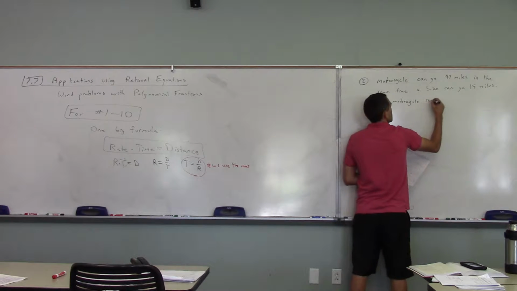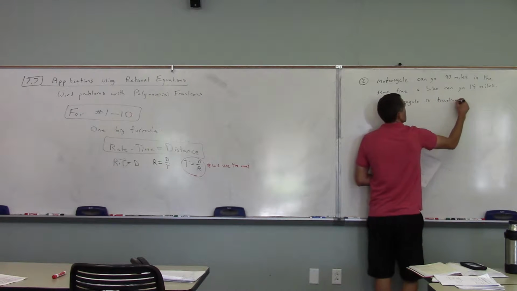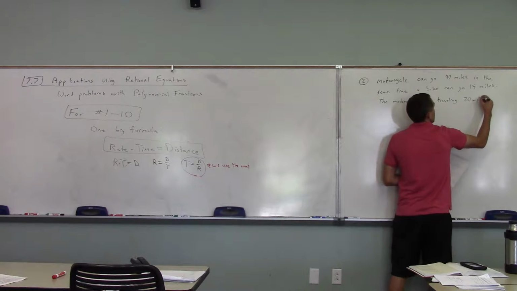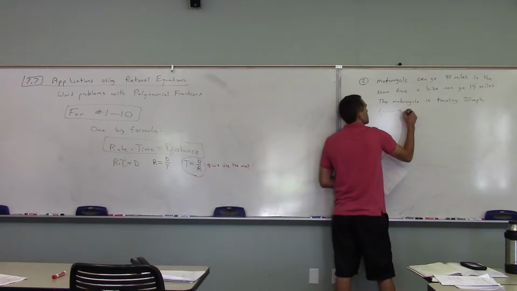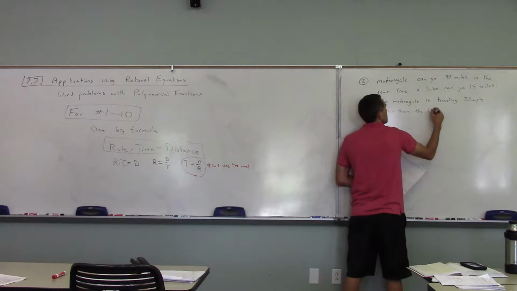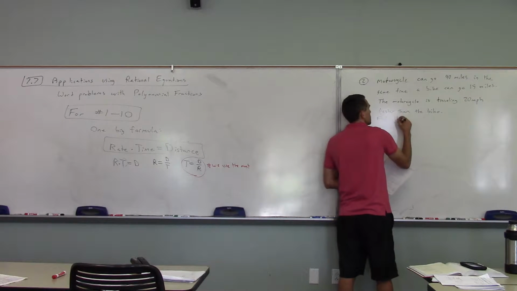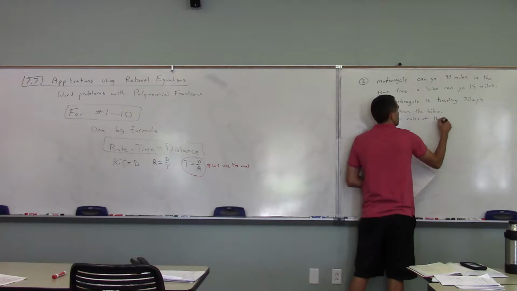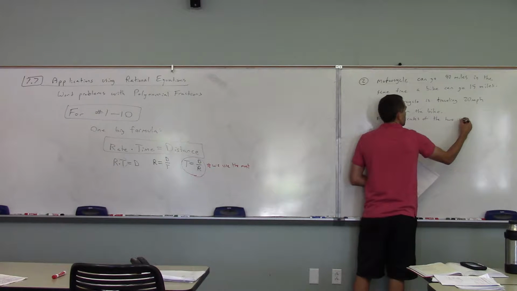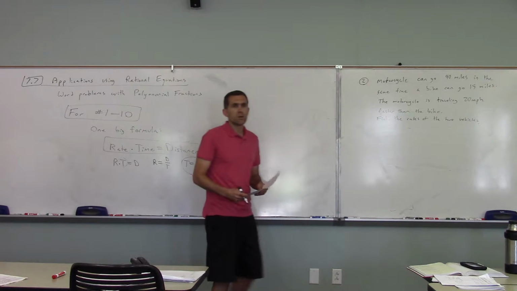The motorcycle is traveling 20 miles per hour faster than the bike. Okay, find how fast each of them is going.